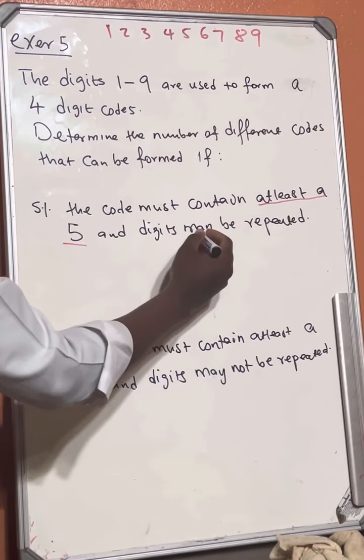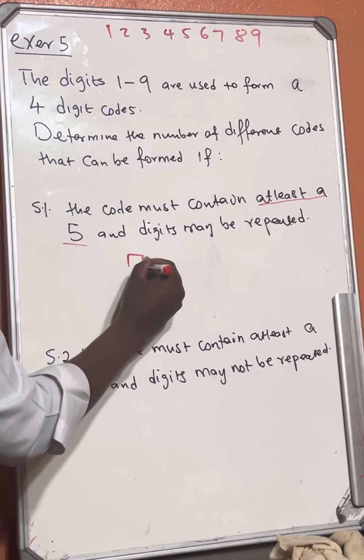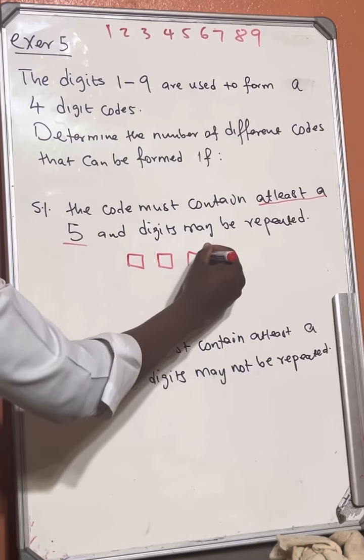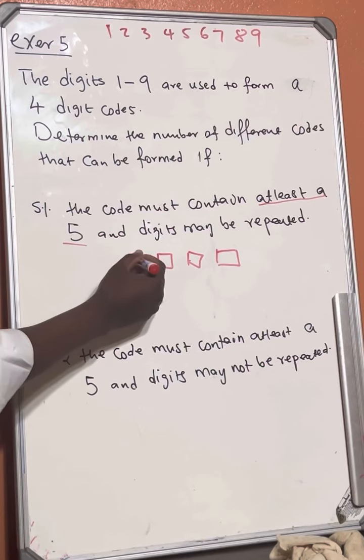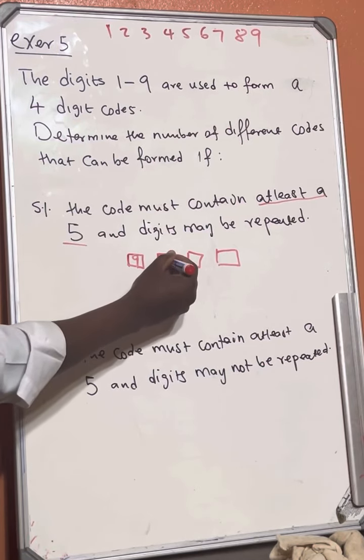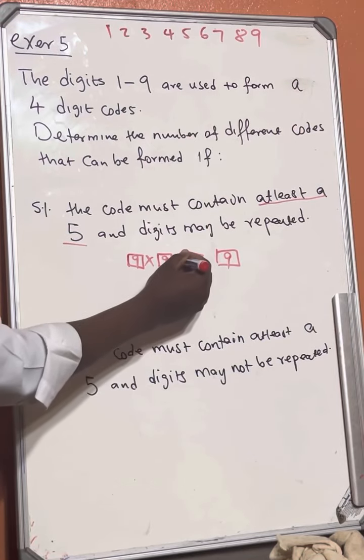Remember, digits may be repeated. If I get all possibilities, I'll use my blocks here. Look at it. This is what I'm having here. How many numbers are you choosing this one from? 9. Digits may be repeated. What about here? 9. What about here? 9. What about here? 9. All right.